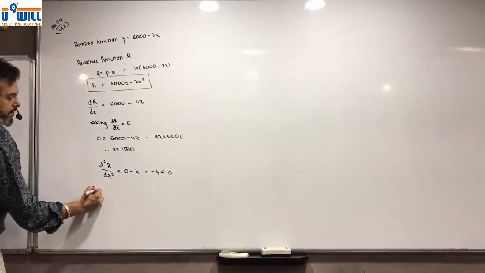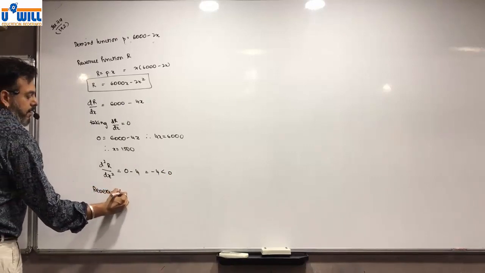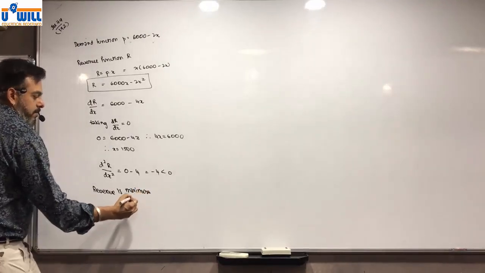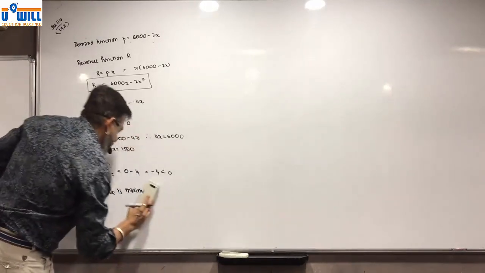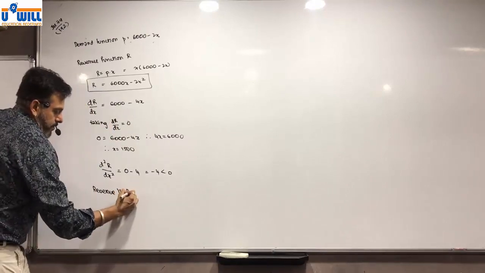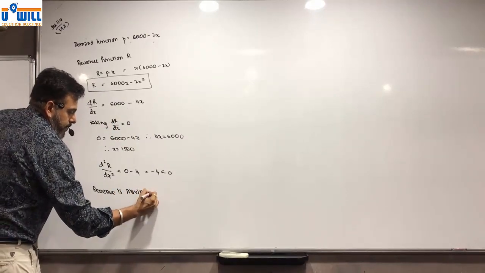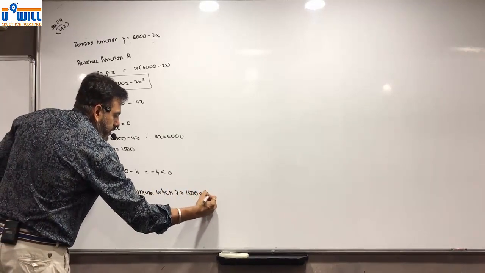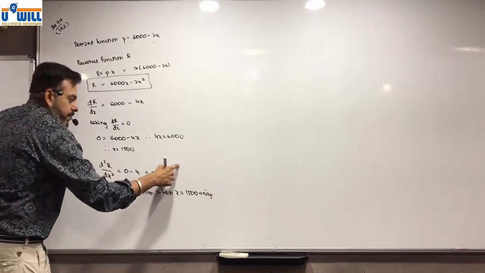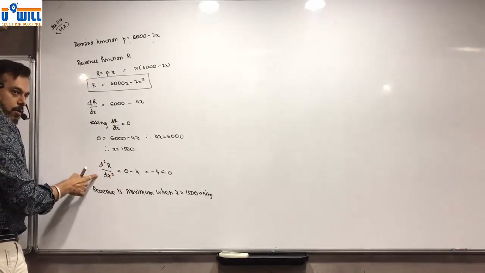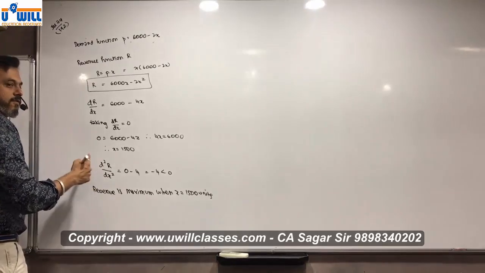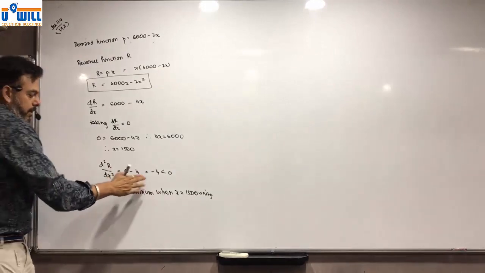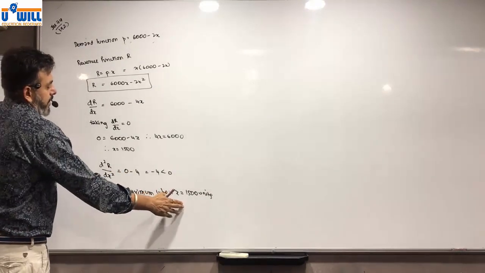So, revenue is maximum when x is equal to 1500 units. Here, we just check whether it is greater or less than 0. Is that clear? Okay. Revenue is maximum when x is equal to 1500 units.